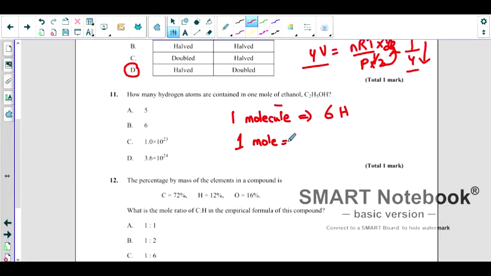From our Avogadro's number we know it is 6.02 times 10 raised to power 23 molecules. If one molecule has 6 hydrogen atoms, 1 mole will have how many? Times it by 6. So when you times it, you get the answer: 3.6 times 10 raised to power 24. This will be the answer.